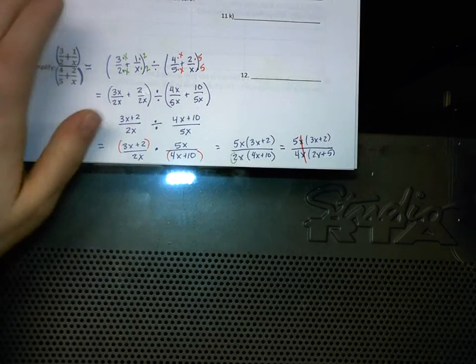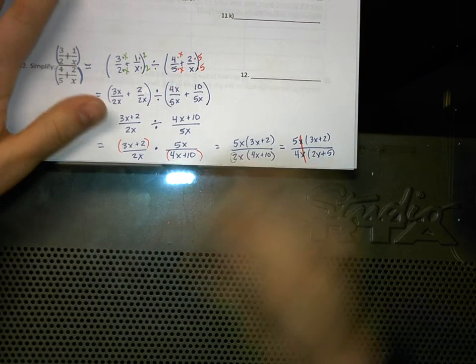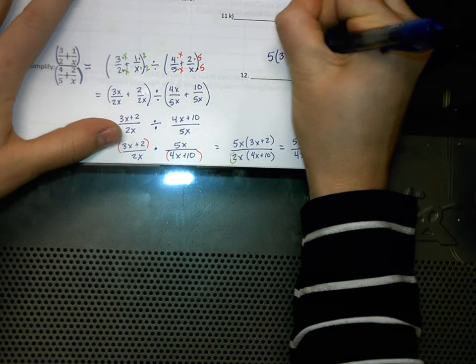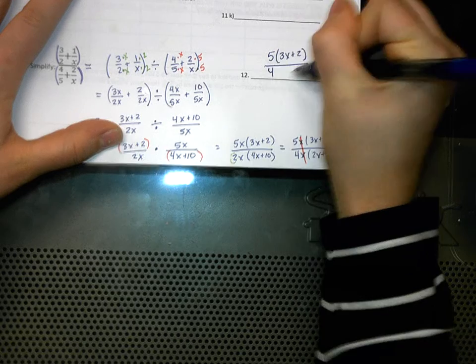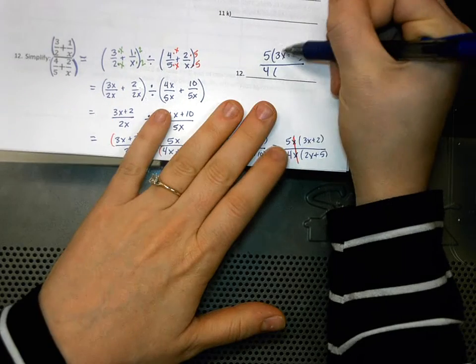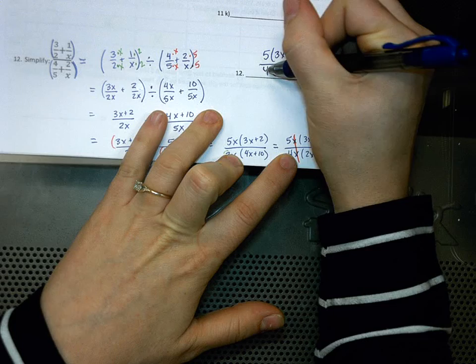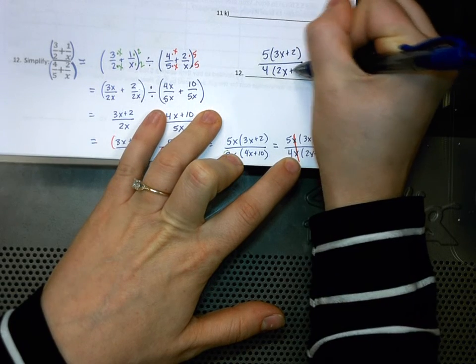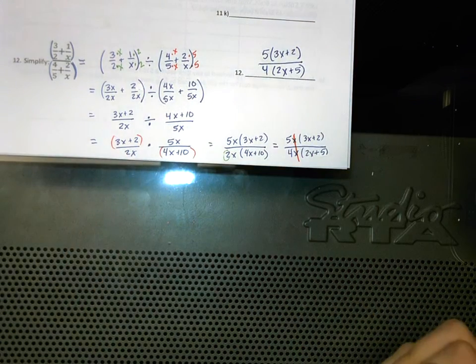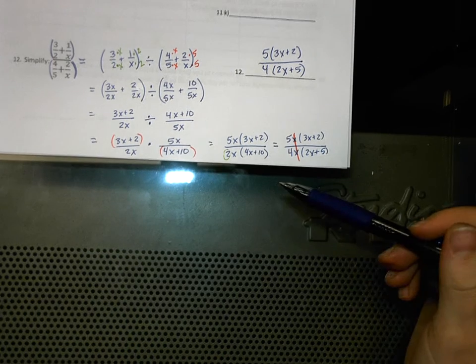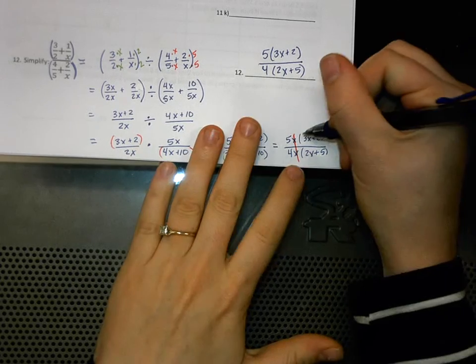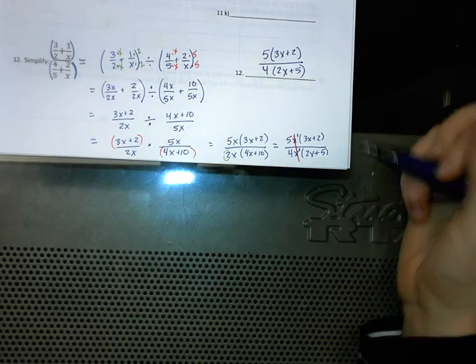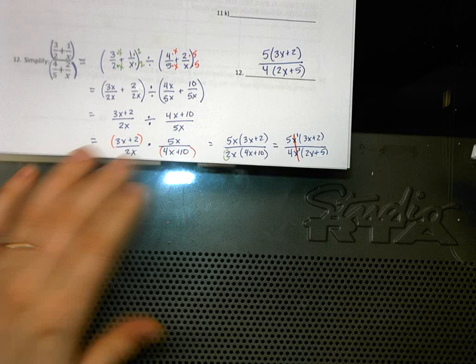So this answer would be 5 times (3x plus 2) over 4 times (2x plus 5). Questions on that? Please make sure you realize this is x to the first and x to the first. So the x is reduced, the numbers do not. All right.